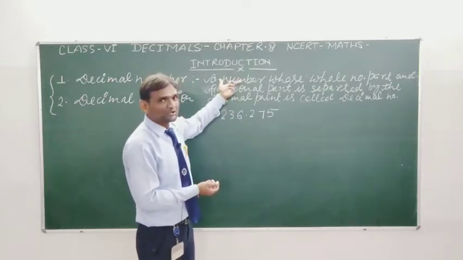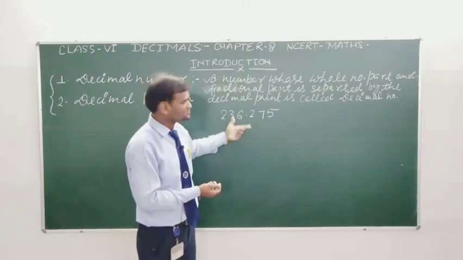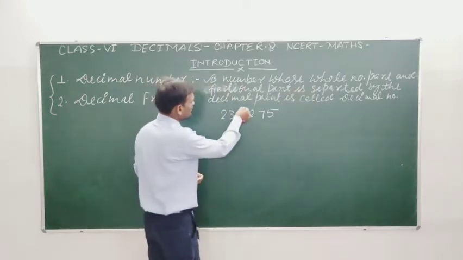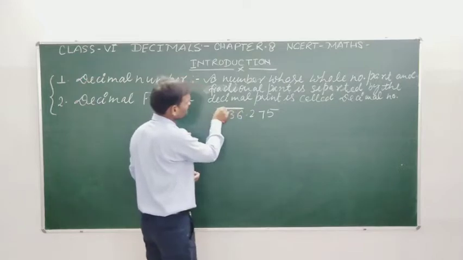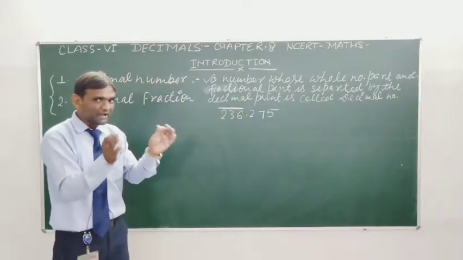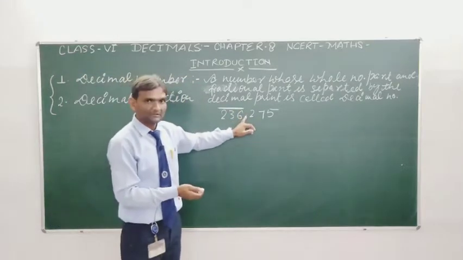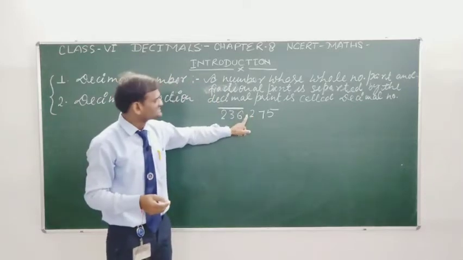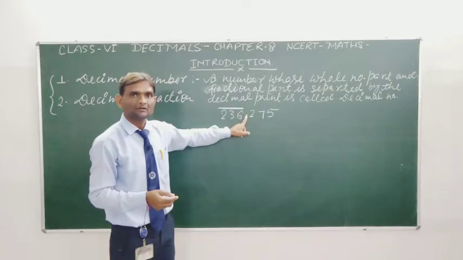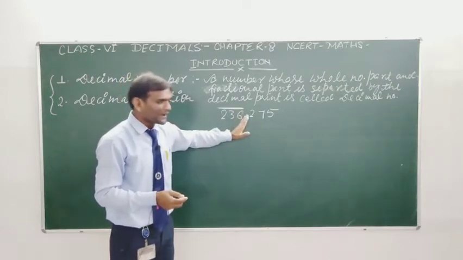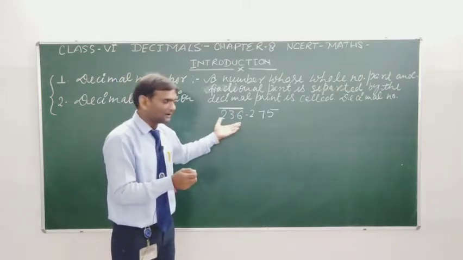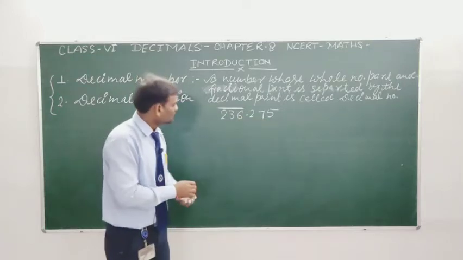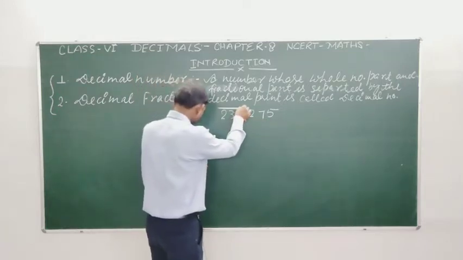So, according to your definition, a number whose whole number part, this is the whole number part, student. That number which we write before the decimal point. This is the decimal point, student. By the decimal point, we can separate the whole number part and fractional part of the decimal number.